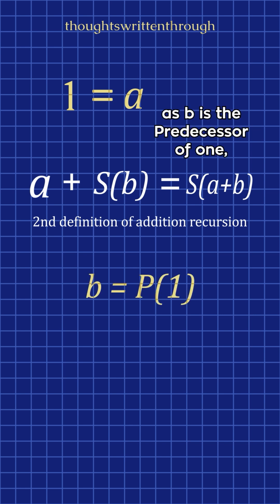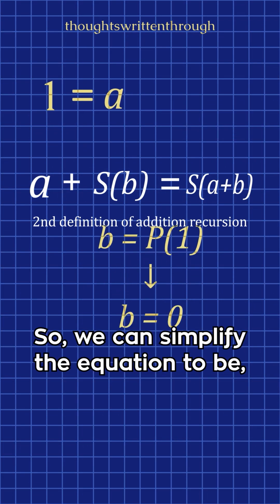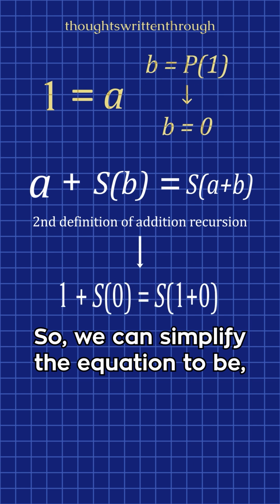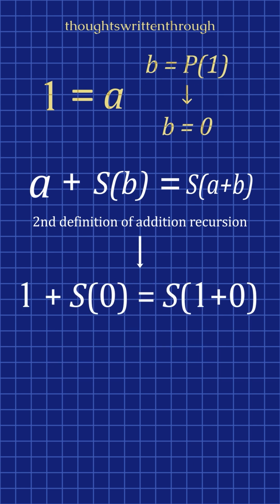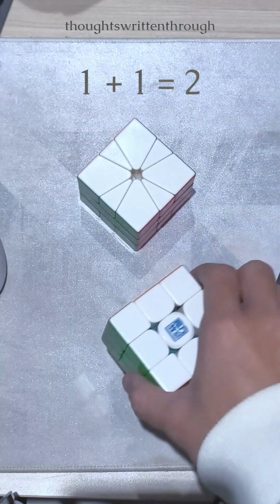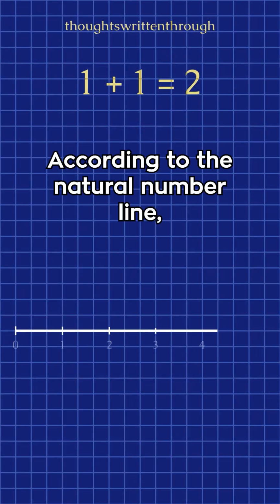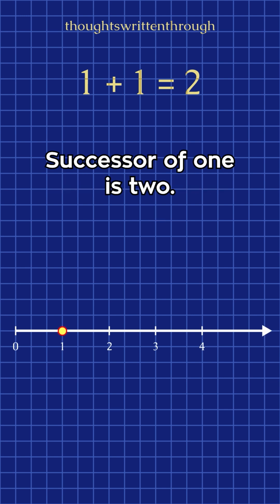As B is the predecessor of 1, B must be 0. So, we can simplify the equation to be 1 plus successor of 0 is the successor of 1 plus 0. 1 plus 1 is equal to the successor of 1. So 1 plus 1 is equal to 2. According to the natural number line, successor of 1 is 2.